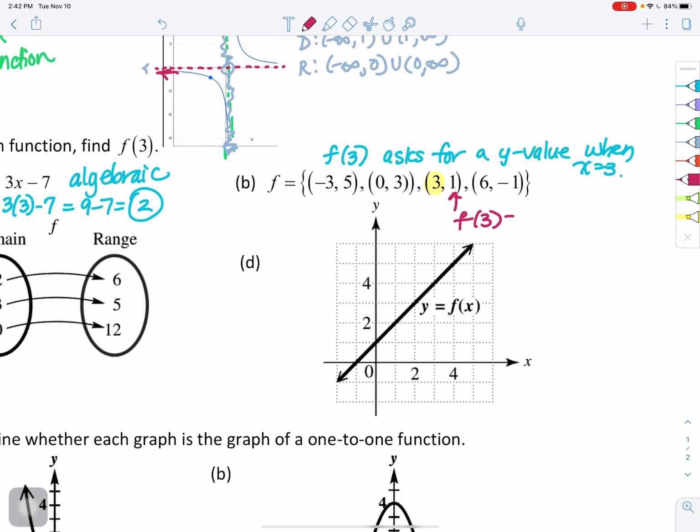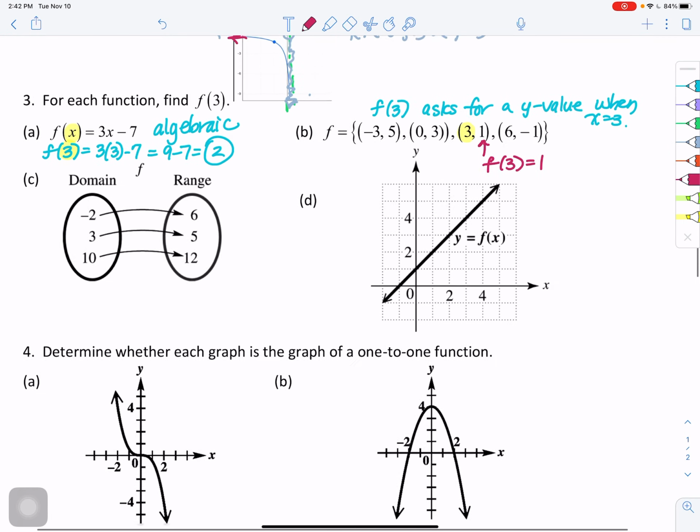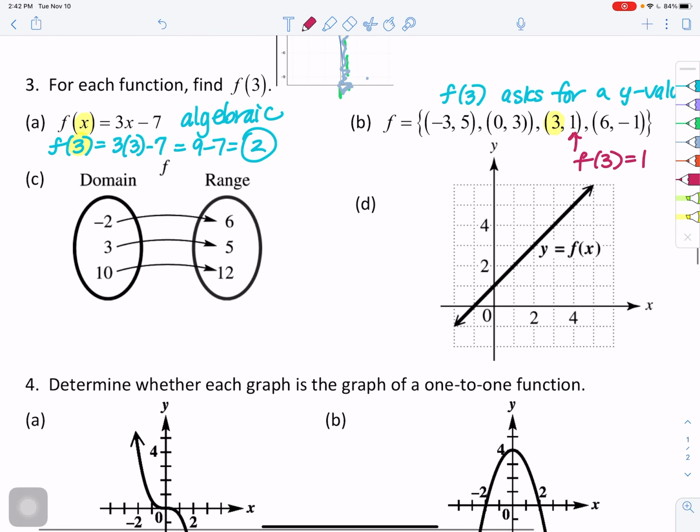So f of 3 is 1. Okay, let's go to C. When x is 3, I thought I had my highlighter. When x is 3, y is 5. So f of 3 is 5. This is asking for the y value.